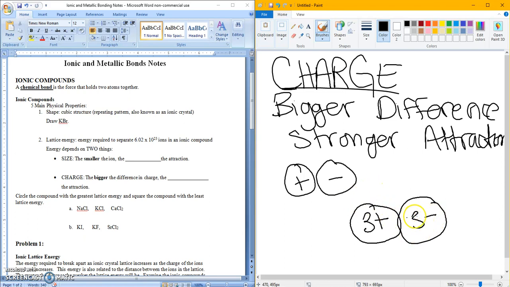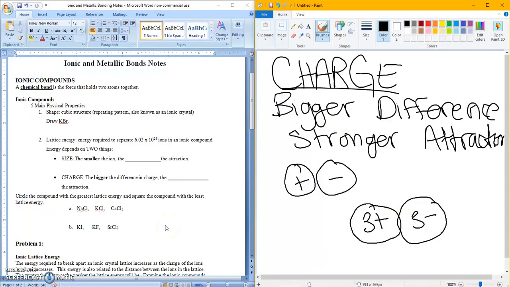Okay? These two, the ones with the stronger charges, or the bigger difference in charge, are going to be harder to pull apart because they're stronger magnets. They have more of what we call electrostatic ability to pull. All right? So as I look at a bigger difference, the bigger the difference in charge, the stronger it is because they are stronger magnets.